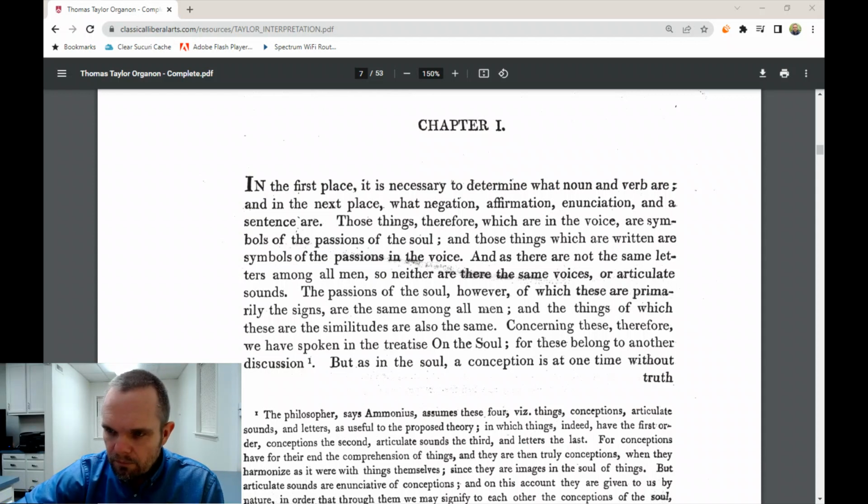We have agreed on the symbols that we're going to use. There are not the same letters among all men, so neither are there the same voices or articulate sounds.